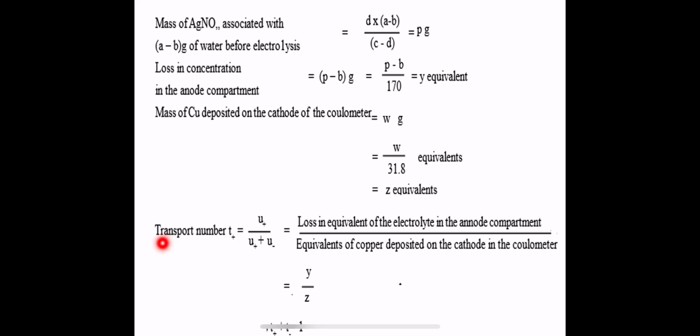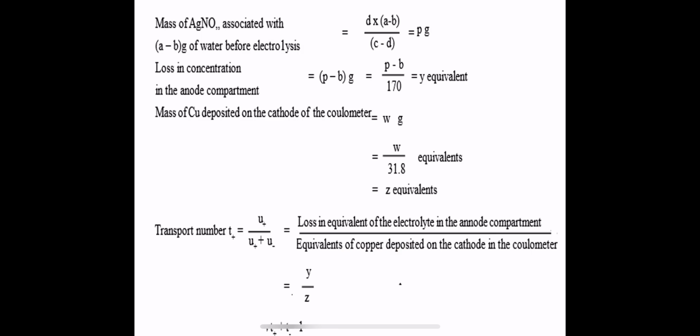Now, as the definition of the transport number says, T plus is equal to U plus divided by U plus plus U minus. That means the loss in equivalents of the electrolyte in the anode compartment divided by the equivalents of copper deposited on the cathode in the coulometer. By substituting these values, Y divided by Z, we can calculate the transport number.